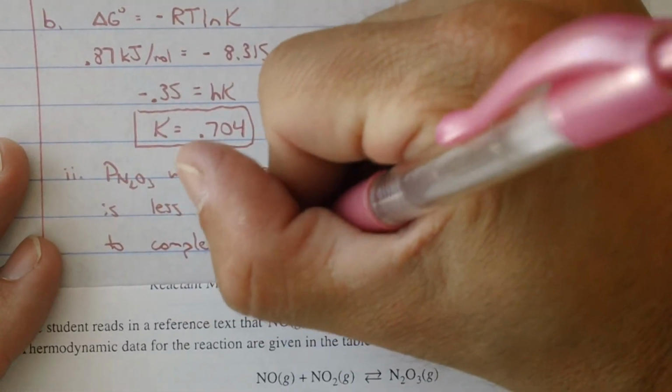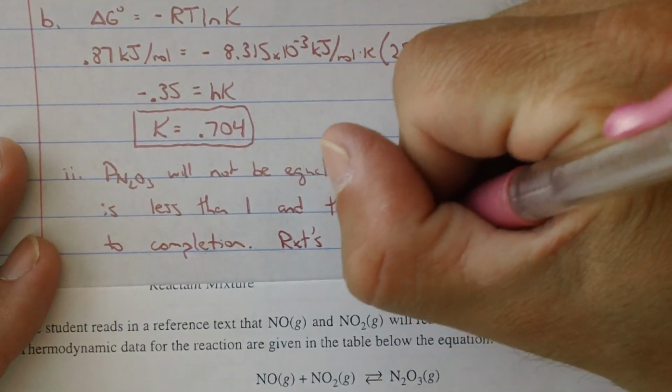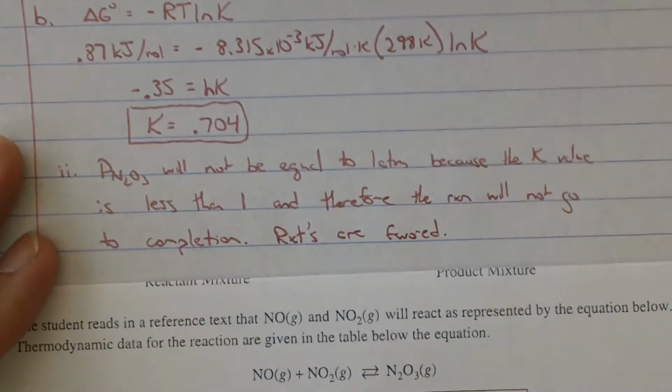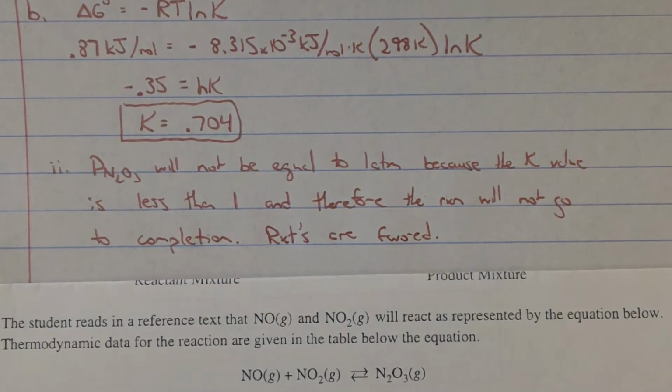I might even put reactants are favored. Not only does it not go to completion, but products aren't even favored in that reaction. So that's what I put. That's the idea conceptually.